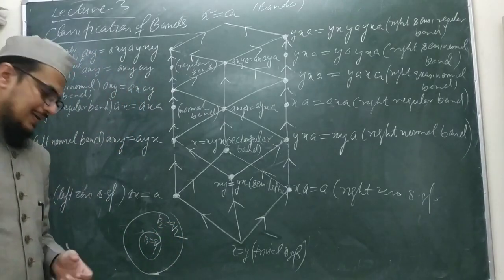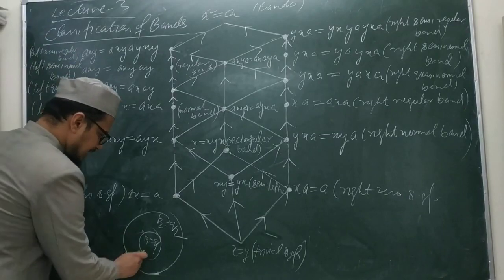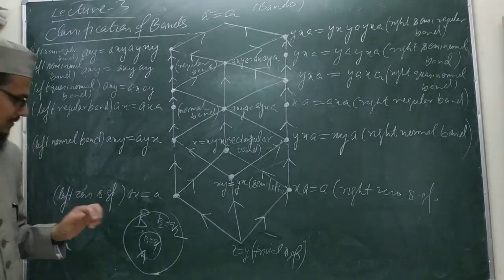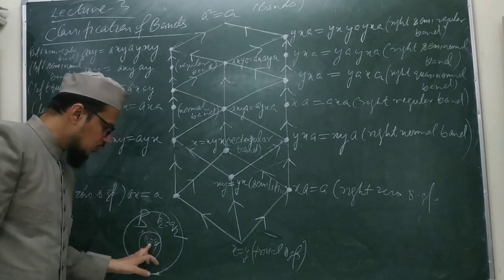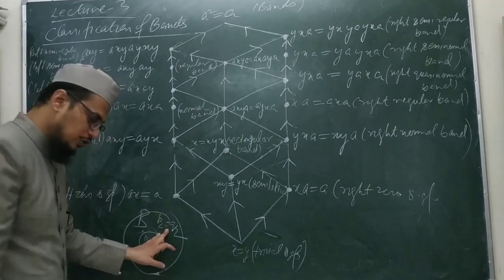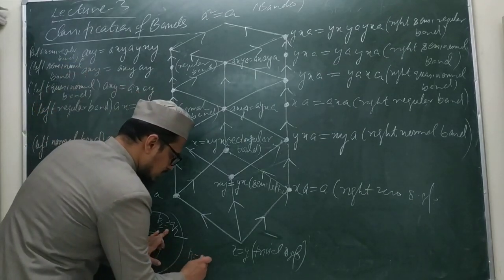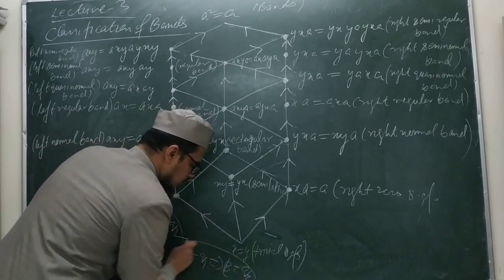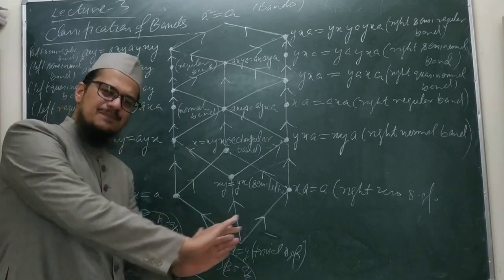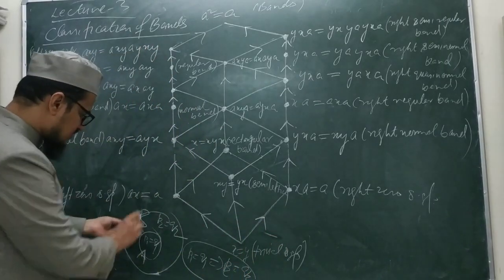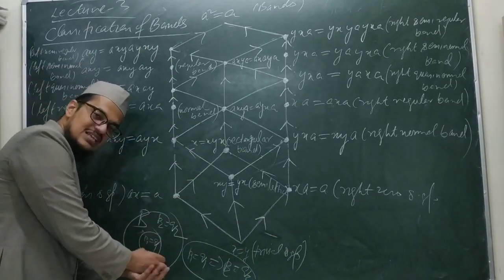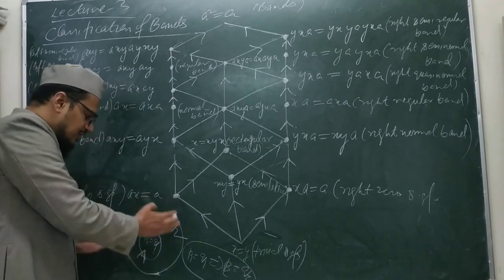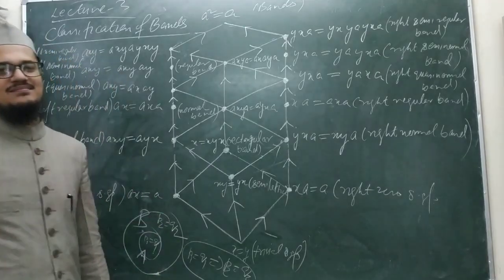Then if you are saying that structure A is contained in structure B, it means that P1 equal to Q1 implies P2 equal to Q2. If P1 equal to Q1 implies P2 equal to Q2, we say that structure B contains structure A. Structure B is a generalization of structure A.